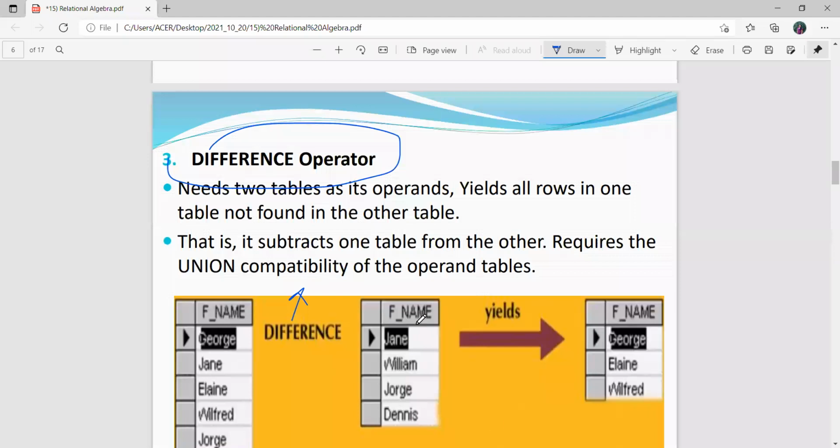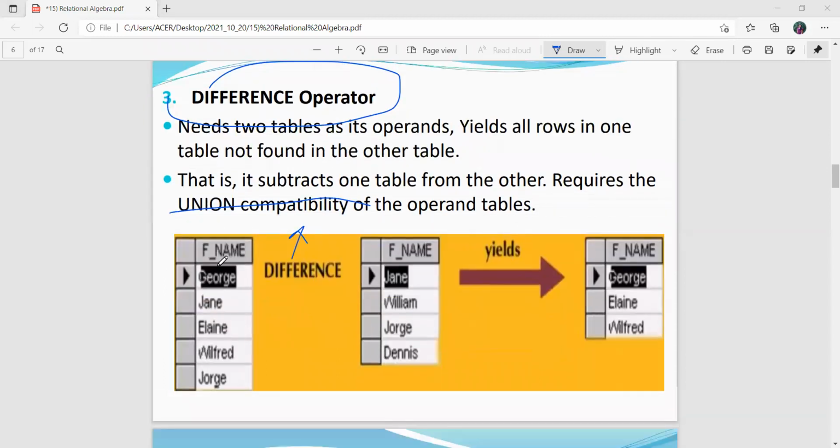To do this, it is needed to have union compatibility. Union compatibility means the two tables have the same characteristics. You can see this is table 1 and this is table 2. I'm going to perform table 1 difference table 2. This is just like table 1 subtract table 2. You can see Jane is available in this one, William not, George.